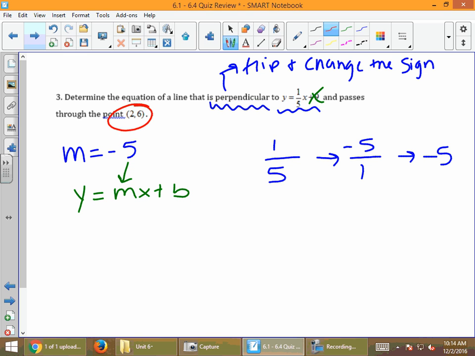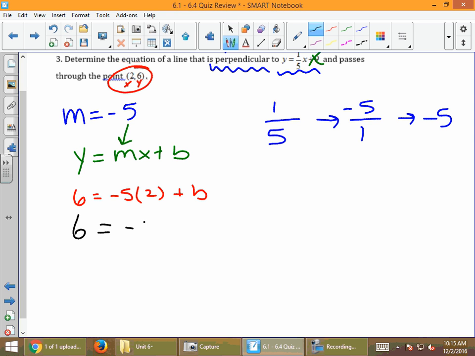Plug in x and y. If it helps, label the first term x, the second one y, and plug them in. So 6 is going to go in for y, negative 5 is going to go in for m, and 2 is going to go in for x. And again, we have no idea what b is, that's what we're solving for. So then solve. What's negative 5 times 2?